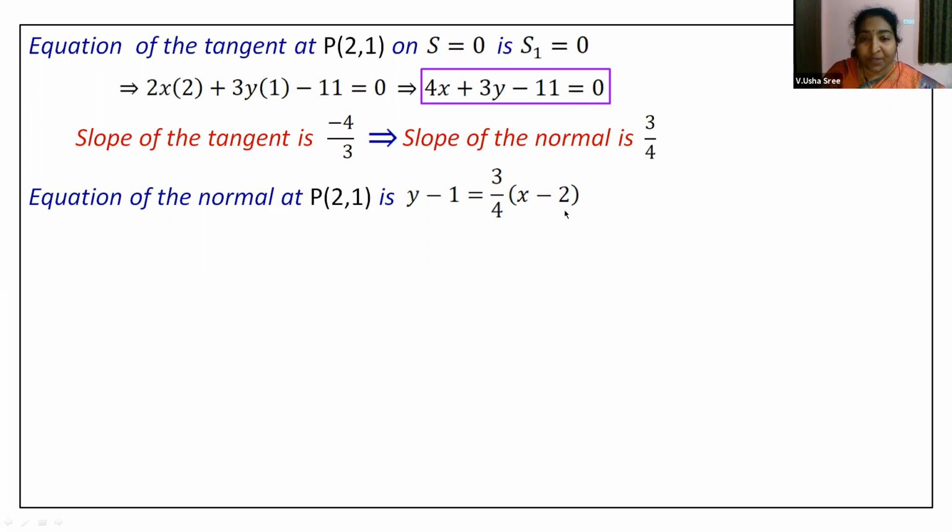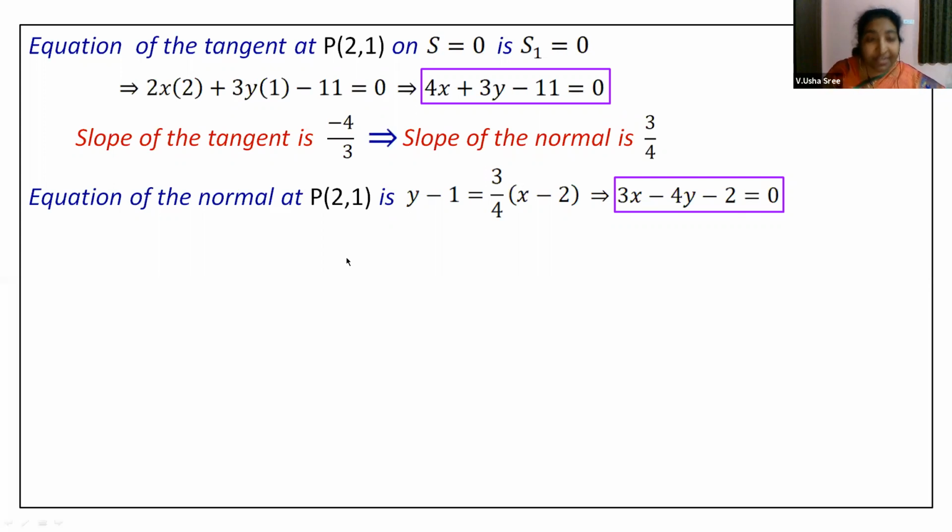Instead of x1, you have 2. Then if you simplify after cross multiplication, you will get 3x minus 4y minus 2 is equal to 0. Therefore, at the point (2, 1), 4x plus 3y minus 11 equal to 0 and 3x minus 4y minus 2 equal to 0 are the equations of the tangent and normal respectively.